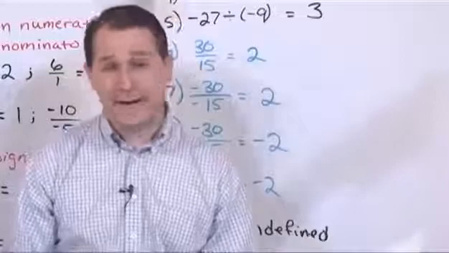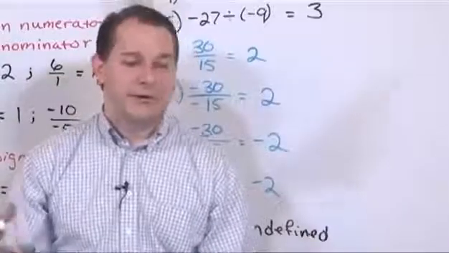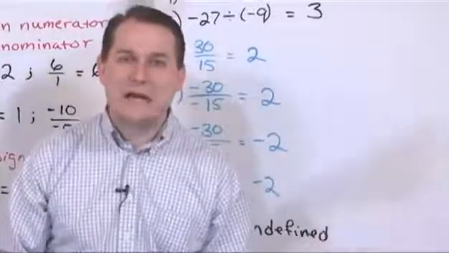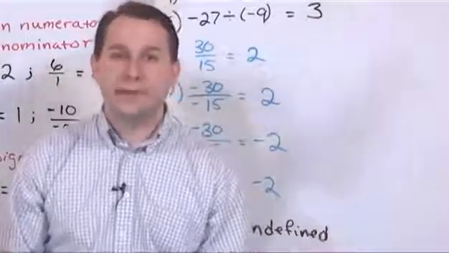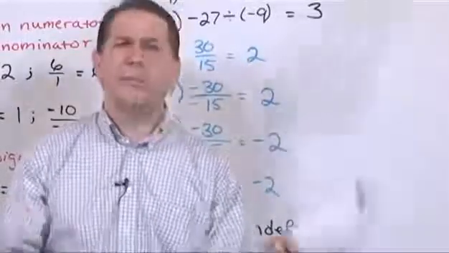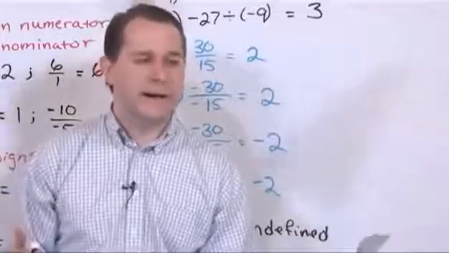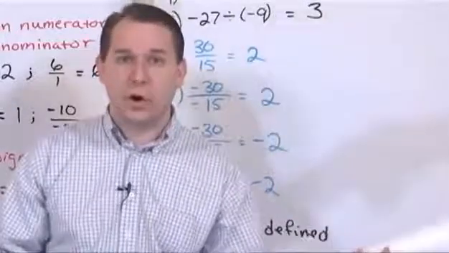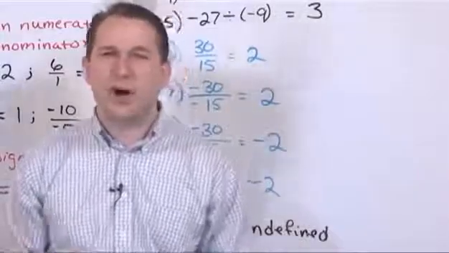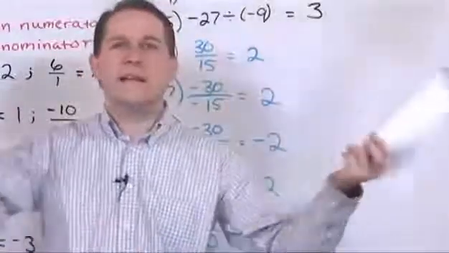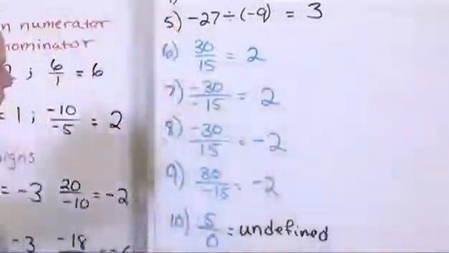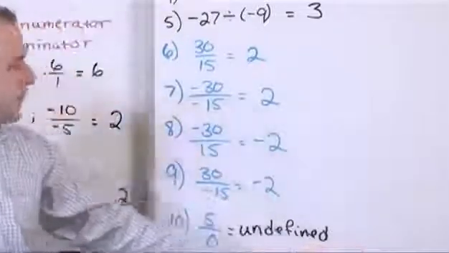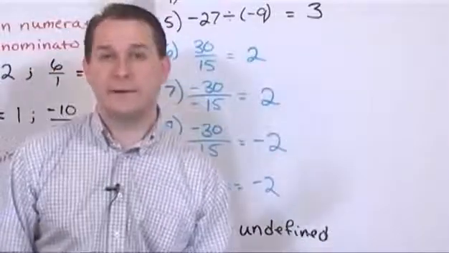Well, if you think about it, if you have 5 apples and you're trying to divide it up by nothing, you could probably do that an infinite number of times, because if you divide by a very, very small number, then you can divide into it a whole bunch of times. But if you divide by nothing at all, it's really an infinitely large number. So in pre-algebra, you see it written as undefined, and so that's how you should do it, anytime you divide by 0.